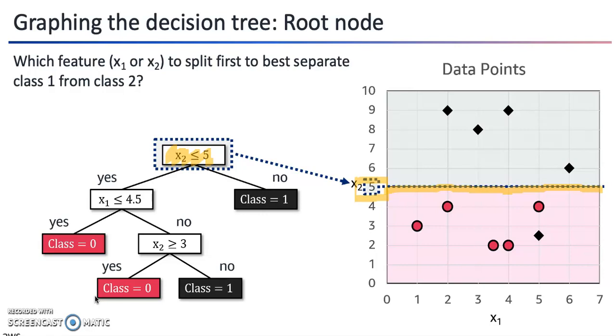And to find a good split condition, we would select a feature and select the value that best separates the data points in that column or feature. So for example, for the feature we're calling x2, the value of 5 basically splits the data almost evenly into two groups.